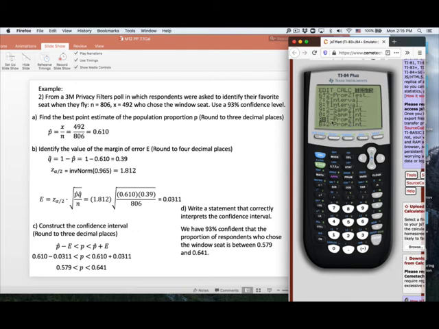The one here stands for one population. For chapter 9, we do have a two population. Enter. So my X is going to be 492 and N is 806. And we are working on 93%, so 0.93, go to Calculate.